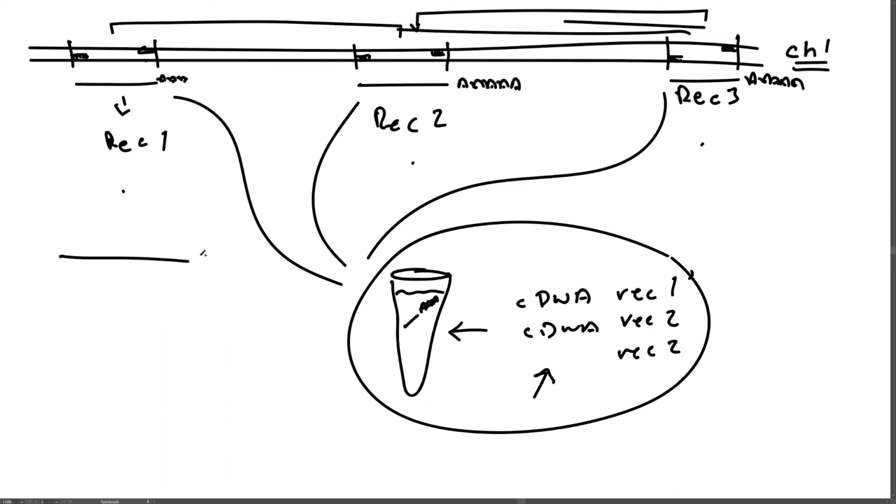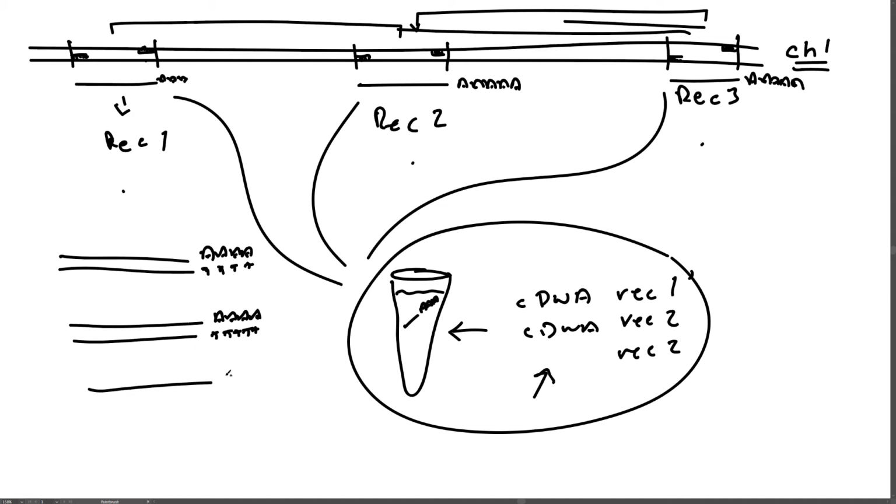So if we draw this, this is the cDNA of number 1, this is the cDNA of number 2, and this is the cDNA of number 3.